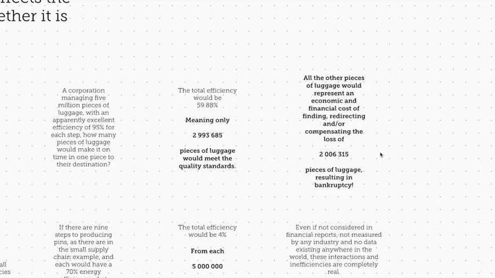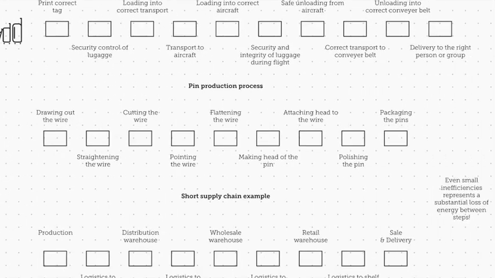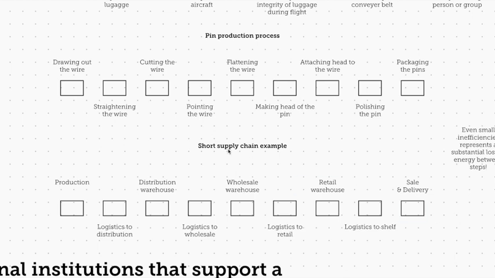However, this is very curious because efficiency of energy follows the same process. So if you have a production process or you have a supply chain, you will have a loss of energy, right? This is just basic physics.